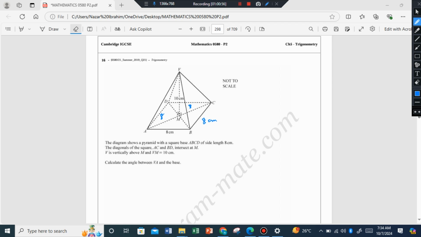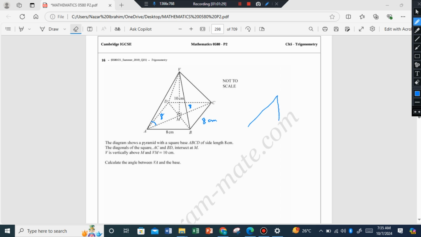Okay. Calculate the angle between VA and the base. I have to calculate the angle between VA and the base, right? So basically, what I want to know is the angle forming between the line VA and the base, which is this angle. So again, I have to split this pyramid into first a right angled triangle, that is VMA, right?